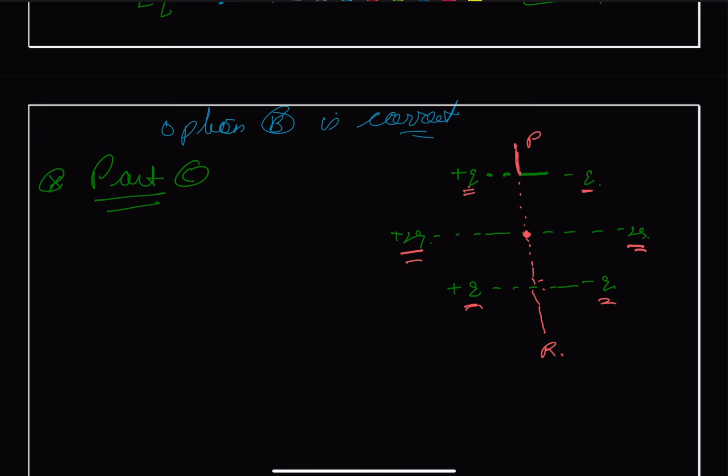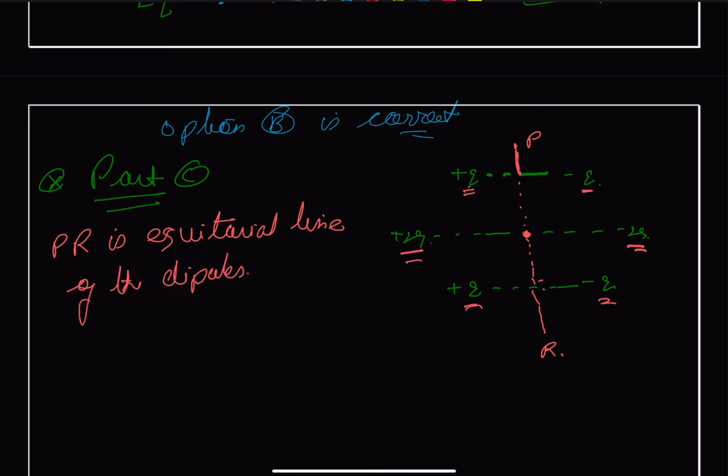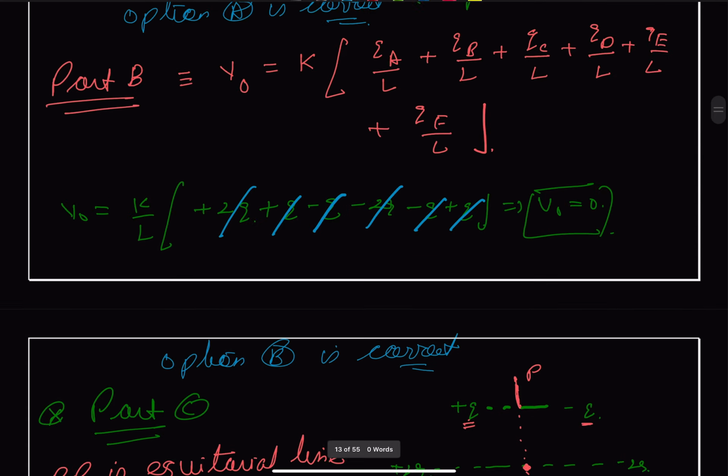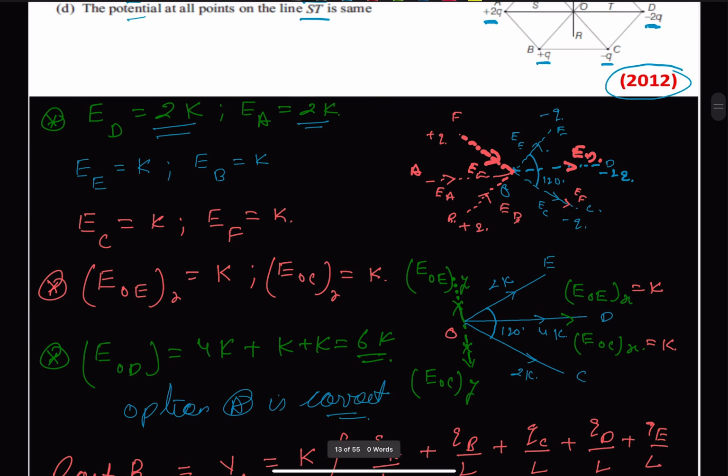So you can say the PR is equatorial line of the dipoles. And we know that for the equatorial line, the potential, this is acting basically as an equipotential surface.